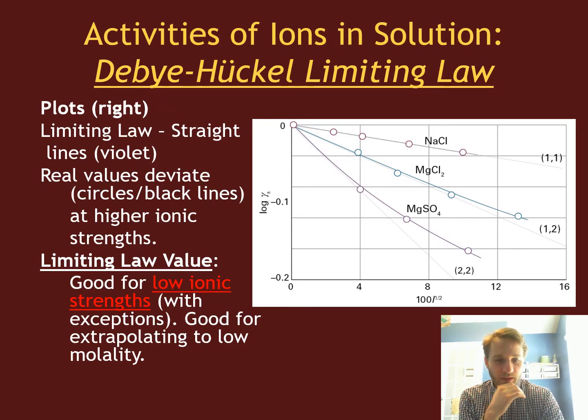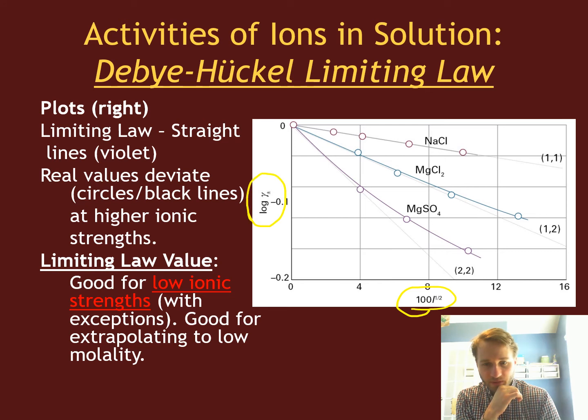Okay. Now, if we want to go beyond the Debye-Hückel equation, go to the Debye-Hückel limiting law, where what's plotted here is 100 times the square root of the ionic strength versus log of gamma.